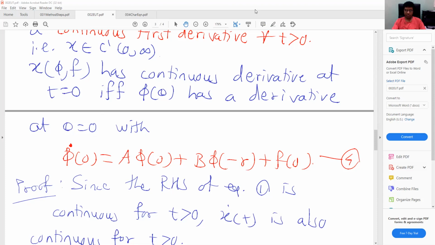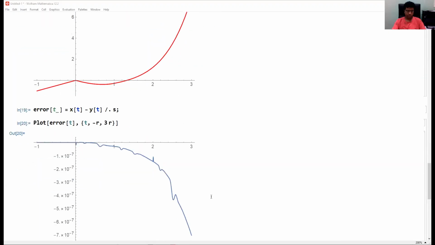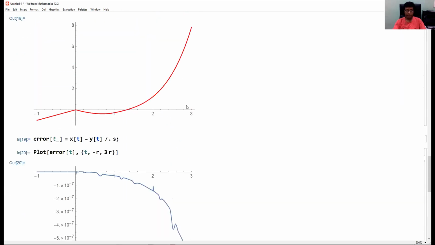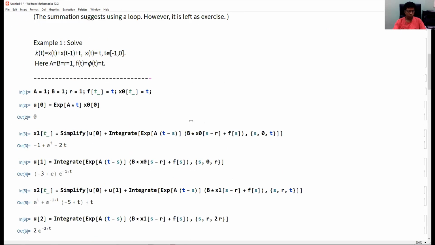So what is phi of t? Phi of t is equal to t. So phi dot of t is 1. Okay. So phi dot of 0 is 1.